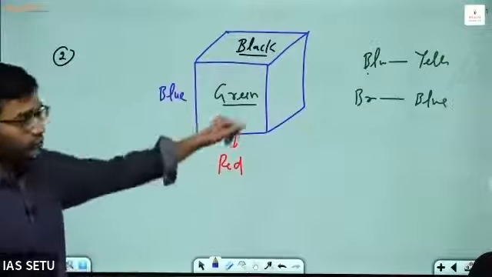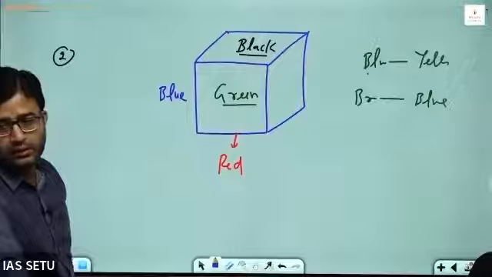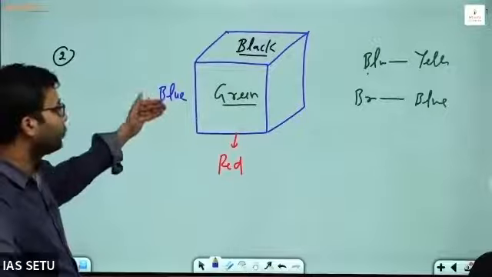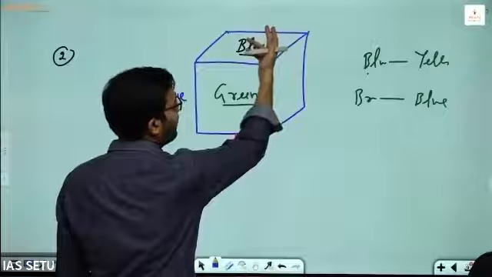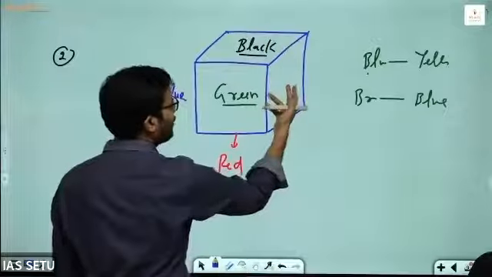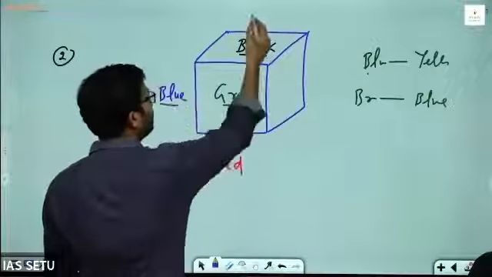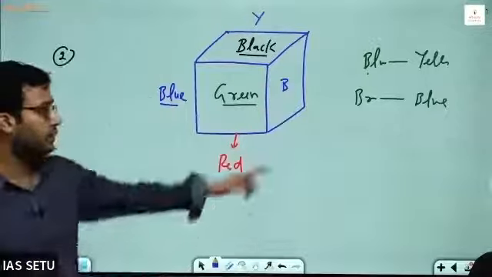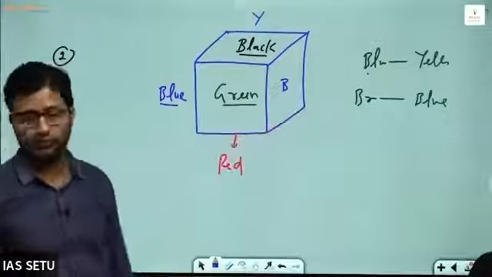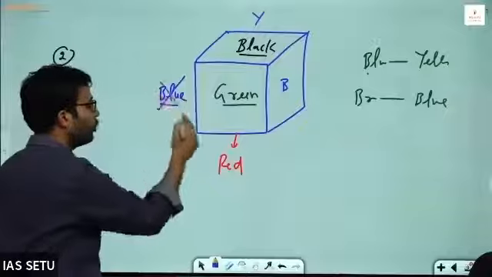Check, because you have to satisfy two more statements. No, why? Because if you put blue here, then you are forced to put brown here, or maybe yellow here, and yellow or brown here. So what you will get? For example, you put yellow here, you put brown here, so you get blue and brown opposite, but we need blue and brown adjacent. So you cannot put blue on the left side.